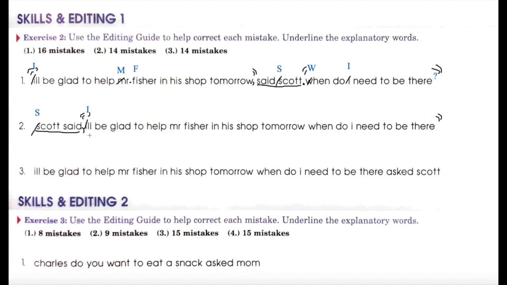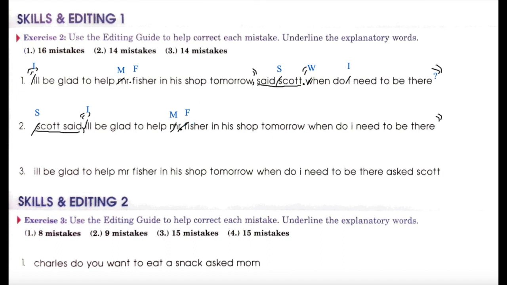Scott said, I'll be glad to help Mr. Fisher. Capitalize Mr. Put a period between Mr. and Fisher. Capitalize Fisher. I'll be glad to help Mr. Fisher in his shop tomorrow.